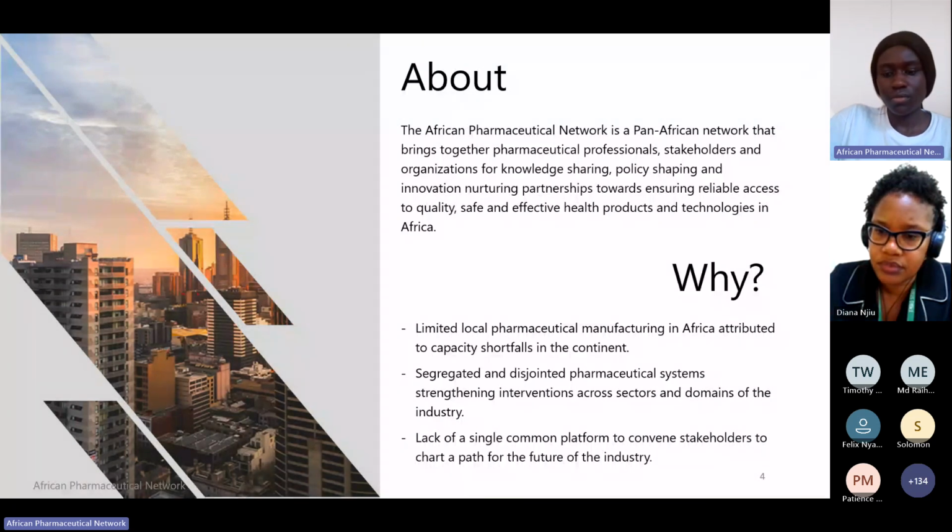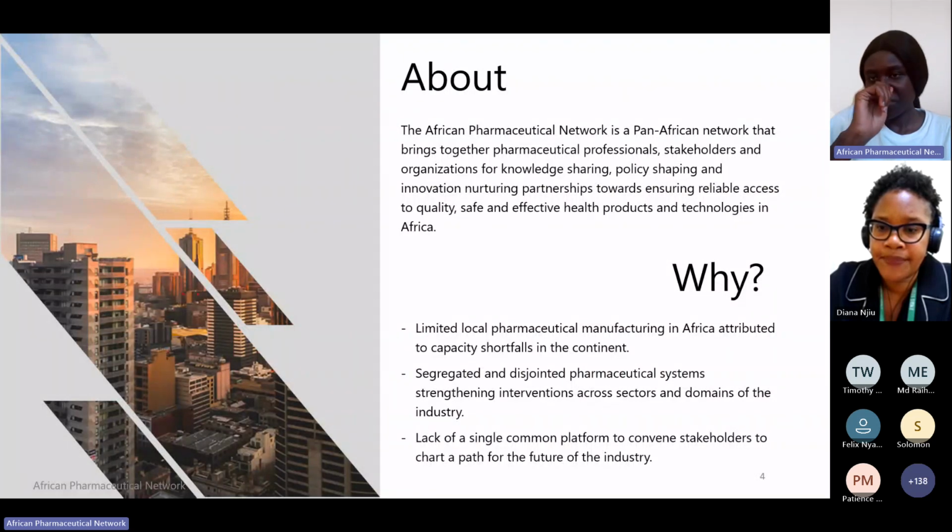So we thought, why not bring someone from the EAC MRH to come and teach us how we can use the pathway and ensure that we get these health products to patients in a shorter timeline? This is one of the benefits of the pathway compared to going to individual countries for those that want market access in various countries. How can we just use one pathway to ensure quicker access to the various markets?